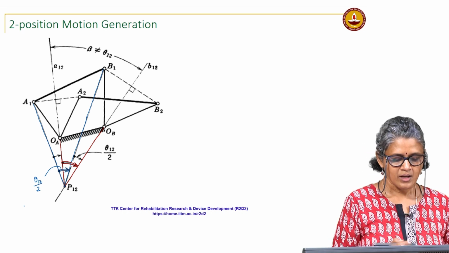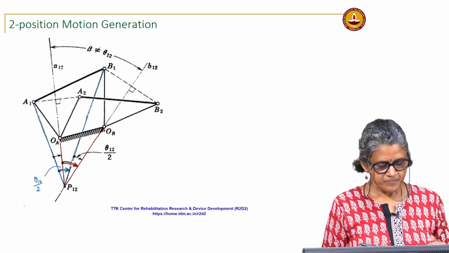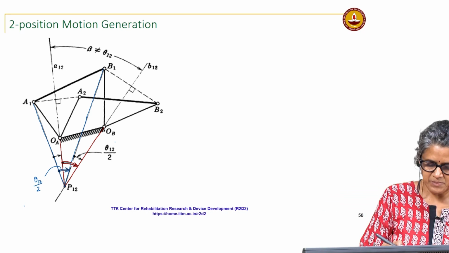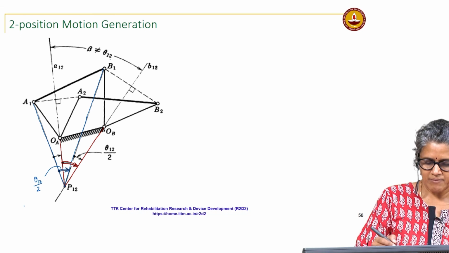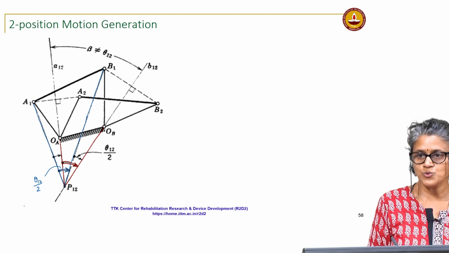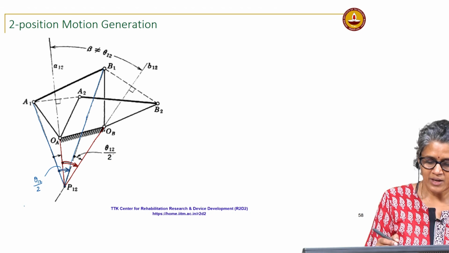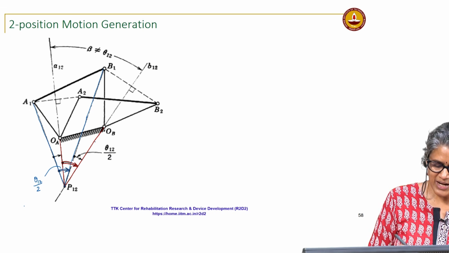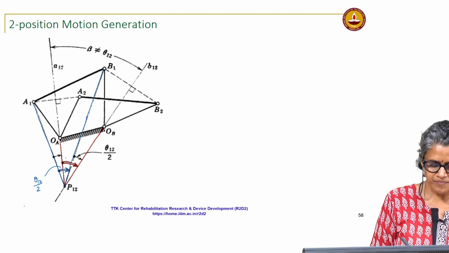Okay. Then this angle similarly here OB P12 B1 again is theta 12 by 2. Okay. This angle is also theta, and this angle is common to both this part.